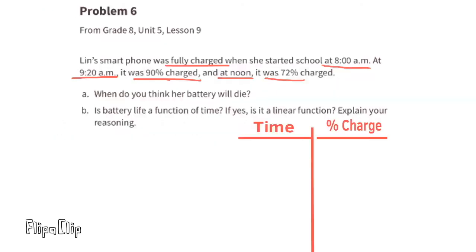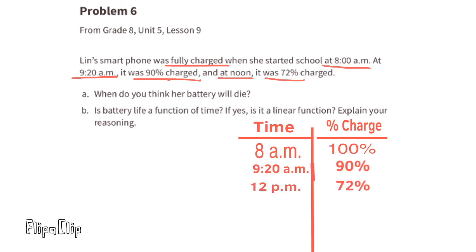Let's make a chart with time on the left and percent charge on the right. At 8 a.m. it was 100% charged. Then at 9:20 a.m. it was 90% charged. And finally at noon it was 72% charged.